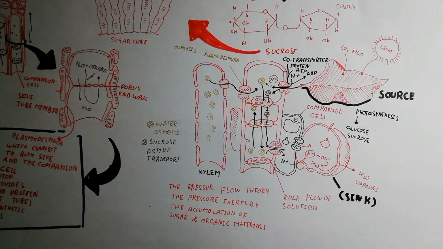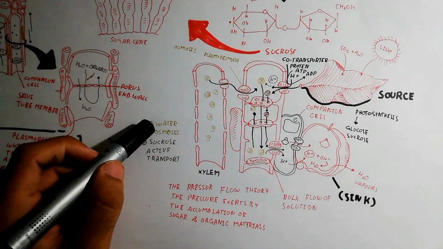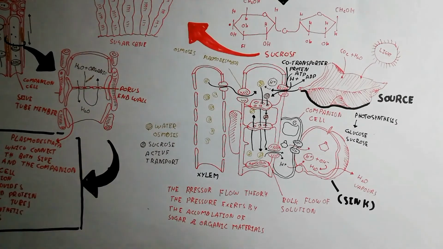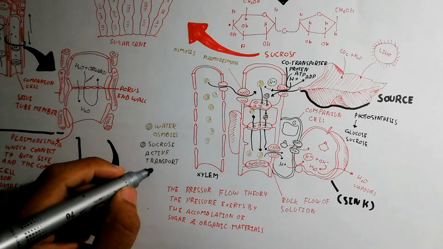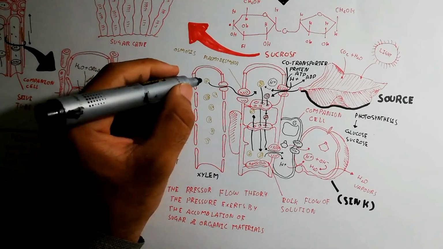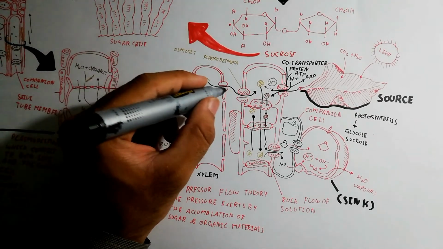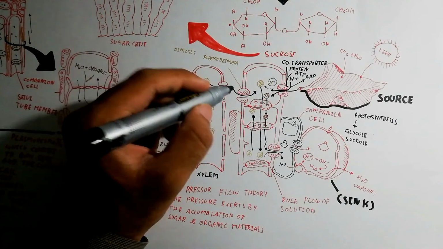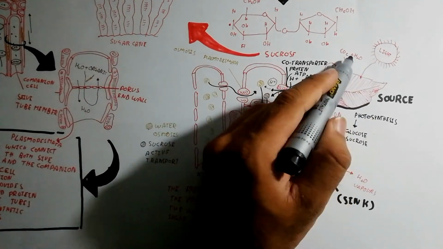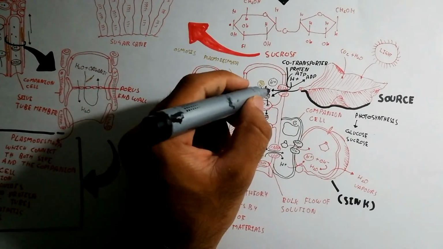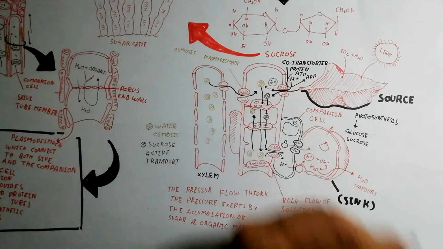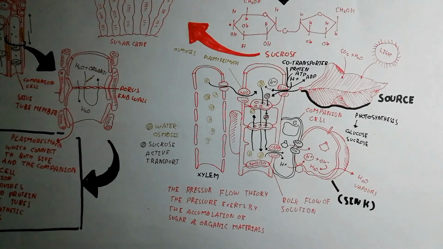Here is the source, which is the leaf, where light, carbon dioxide and water are used as the source to produce glucose. Here is the water which moves inside the phloem through plasmodesmata, and here is the light and carbon in the source region, the leaf, used for photosynthesis, which gives glucose.